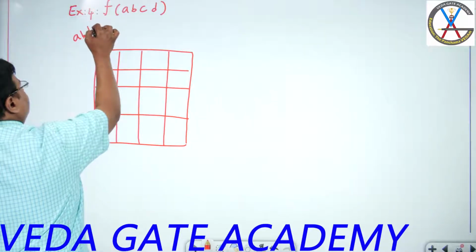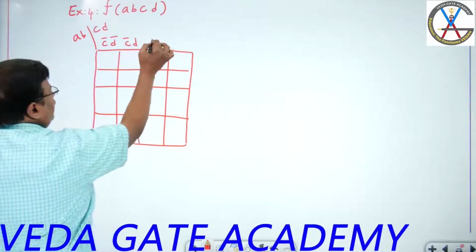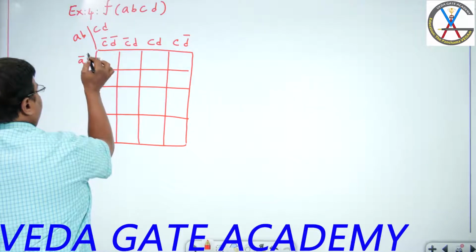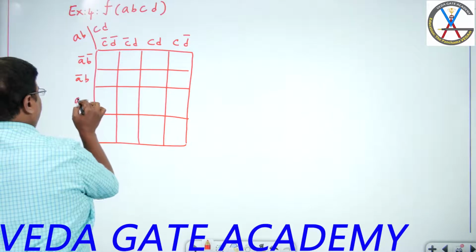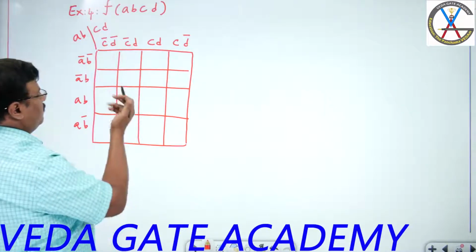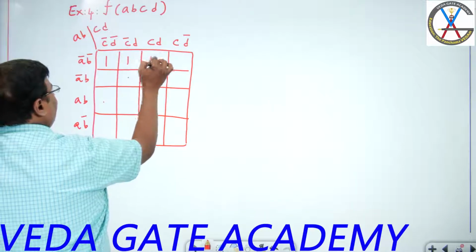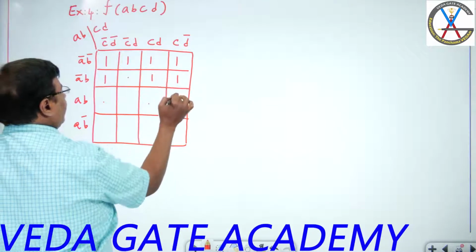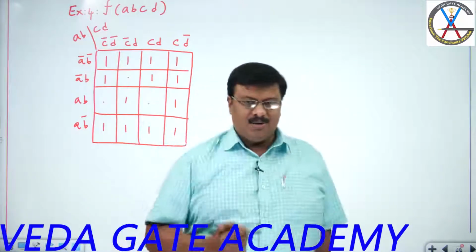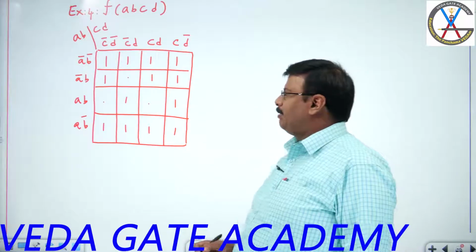A, B, C, D. C bar, D bar. C bar, D, C, D, C, D bar. A bar, B bar. A bar, B, A, B, A, B bar. According to the gray map, gray numbers we have filled. Now the map is like this. Now, let us find out coverages, implicants, prime implicants from this map.